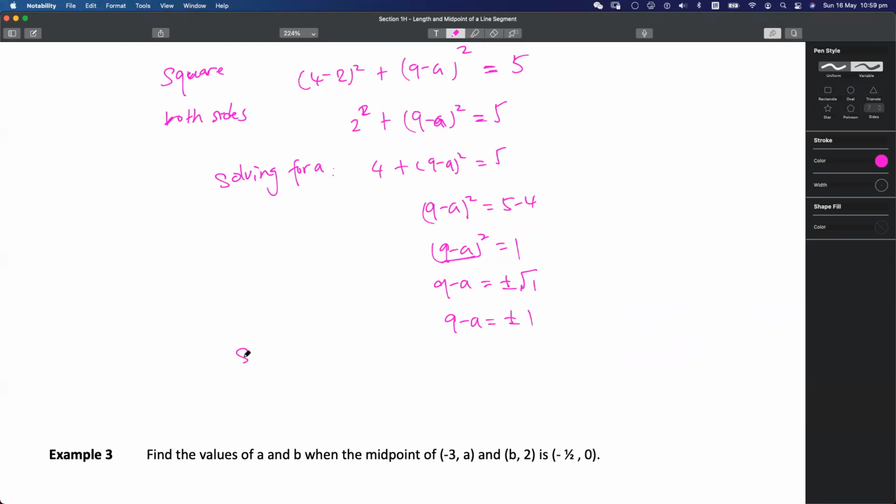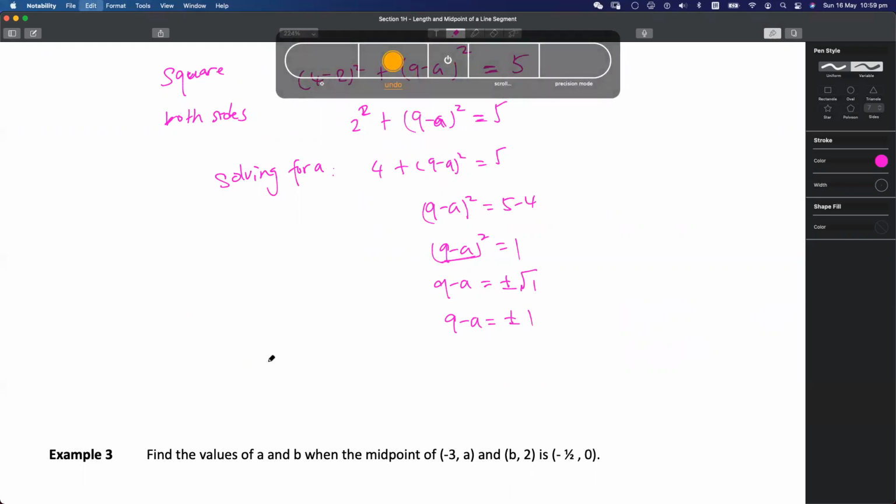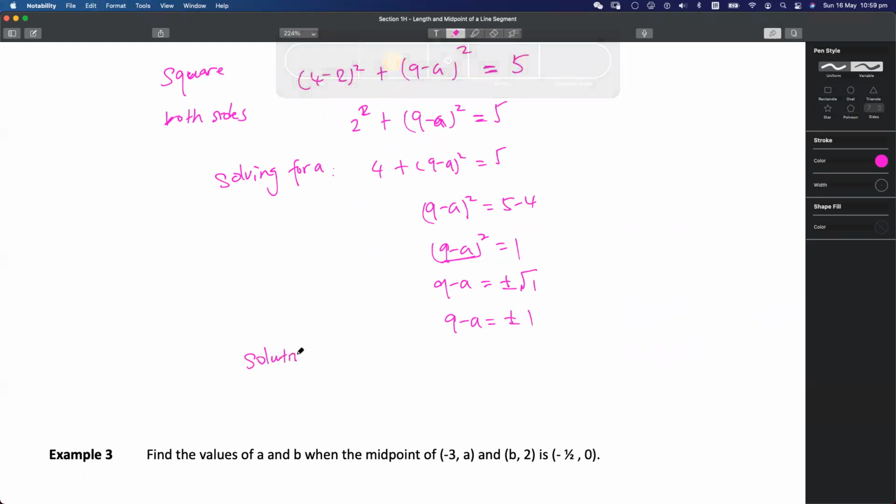Solution 1: 9 minus a is equal to positive 1, so a is equal to 9 minus 1, which is 8. Solution 2: 9 minus a is equal to negative 1, so moving to the other side, a is equal to 10.